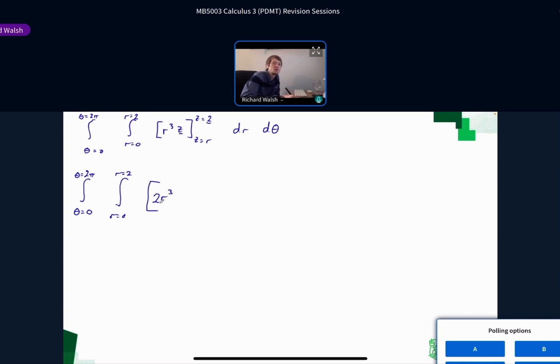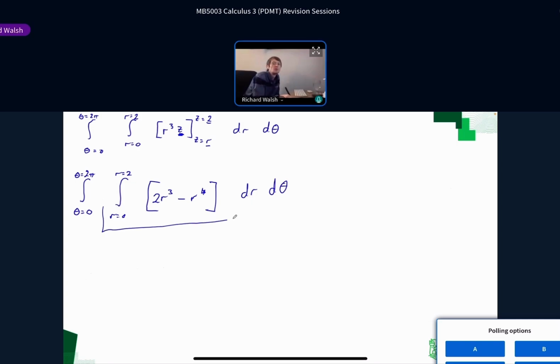So r cubed times 2 is 2r cubed. Minus, sub in the lower limit for z, which is r. So I'll have r cubed times r, which is r to the power of 4. So that's our z integral and the limits in for that.